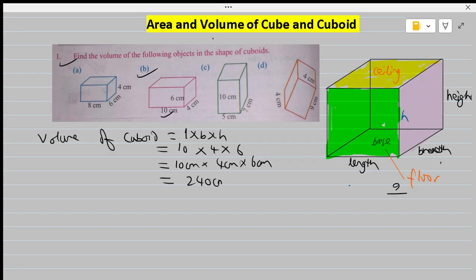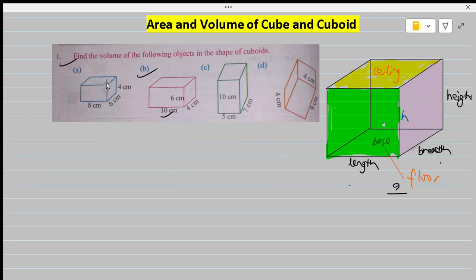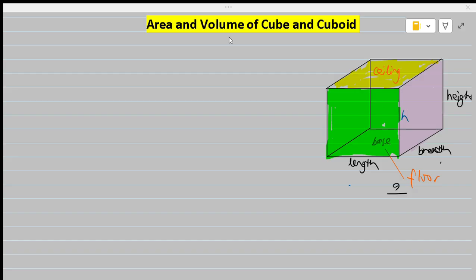So 240 centimeter cube will be the volume of this cuboid in number B. And in the same way you can do the rest, numbers A, C and D. So this number 1 is clear. Now to go into number 2, I make this clear. So now I'm going with number 2.